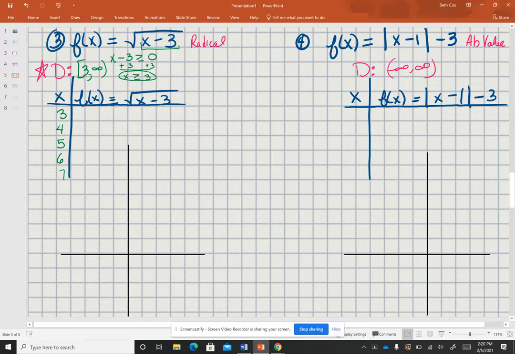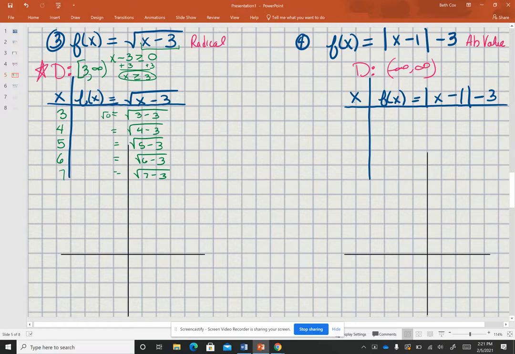All right, so when I plug in each one of these numbers, I'm going to do the square root of 3 minus 3, square root of 4 minus 3, square root of 5 minus 3, square root of 6 minus 3, and the square root of 7 minus 3. And 3 minus 3 is 0.